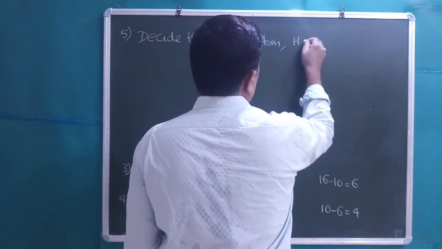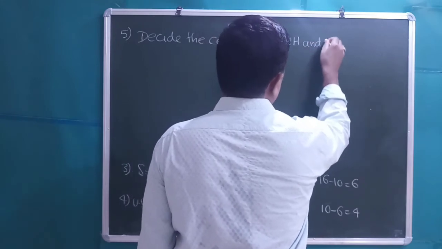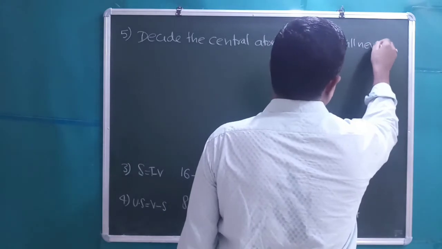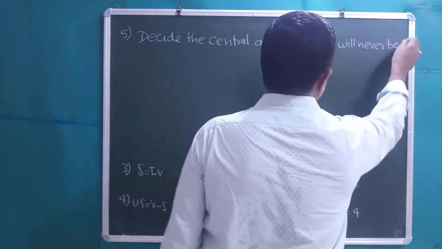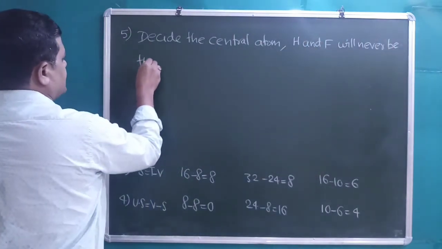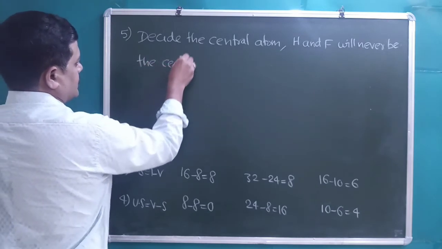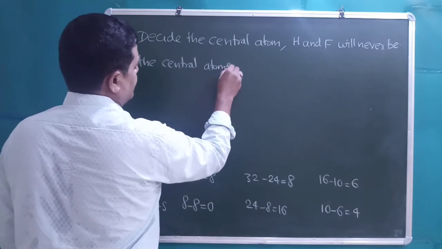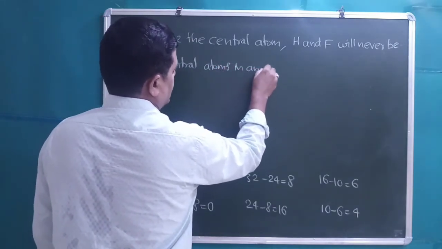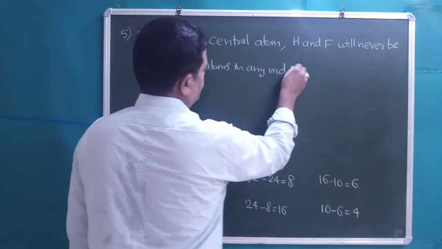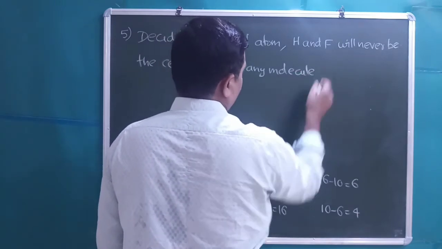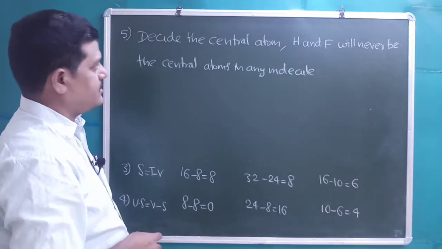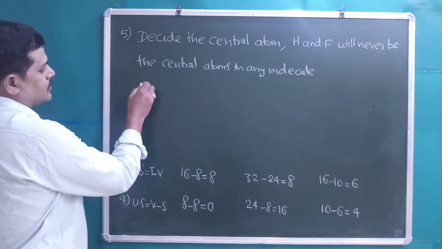Hydrogen and fluorine will never be the central atoms in any molecule. The reason is their valence is always 1. They will restrict to the valency of 1, right?